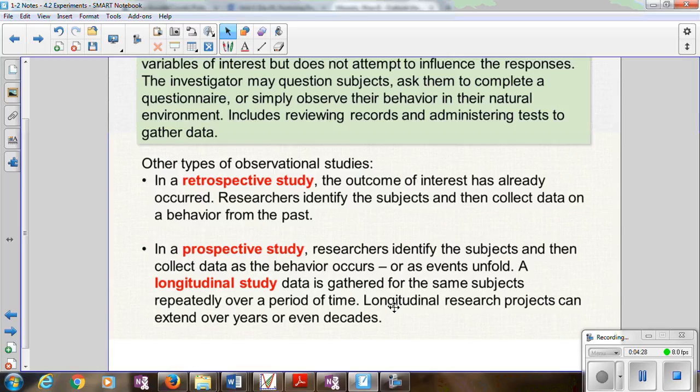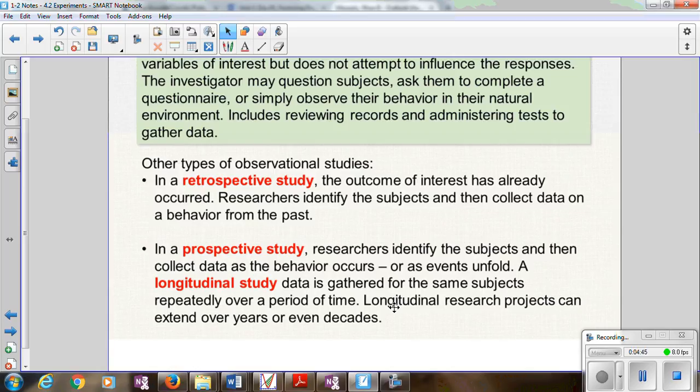An example would be studies that were done regarding the Head Start program, which I believe began in the 1970s, which is a preschool program for disadvantaged children, for families living in poverty, to give those children a school readiness boost.